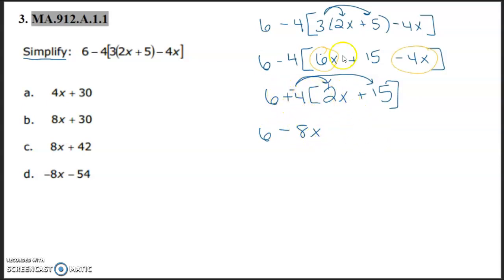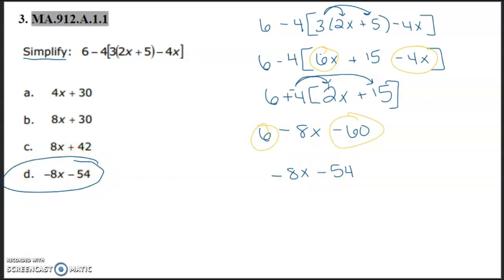Negative 4 times 15 is negative 60. Okay. Now we're going to simplify our like terms, which are 6 and negative 60. So we have negative 8x, and then 6 plus negative 60 is negative 54. So your answer here is going to be D.